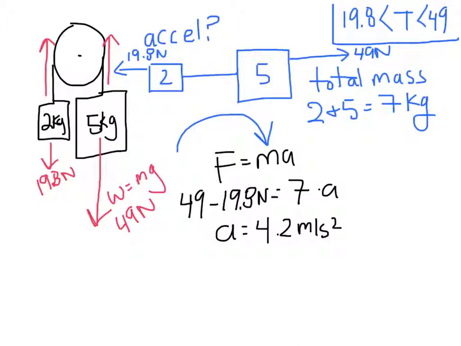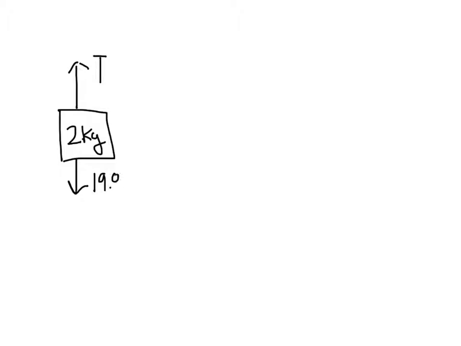So, I wonder if we're right. If we create another page and look at each of these separately, we can figure that out. So, we have our 2 kilogram mass. In the upward direction, we have the tension. And in the downward direction, this arrow is slightly smaller, 19.8 newtons. We know that the tension should be greater than 19.8 because the 2 kilogram mass accelerates upward.